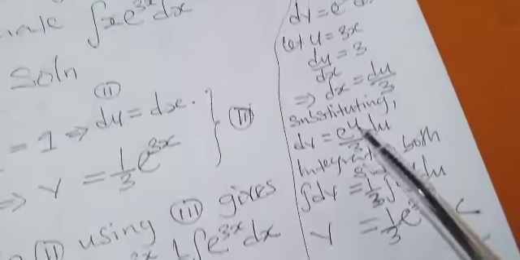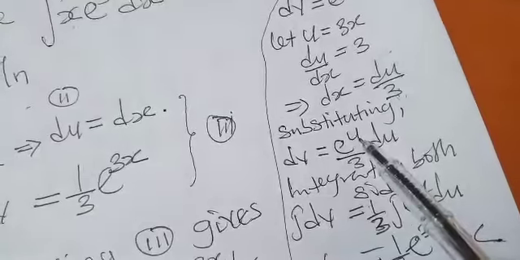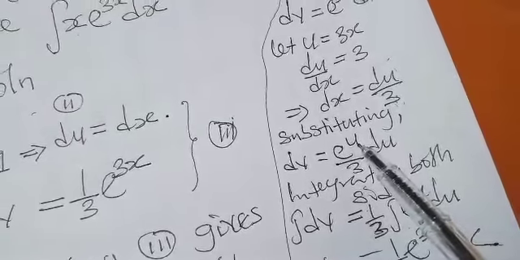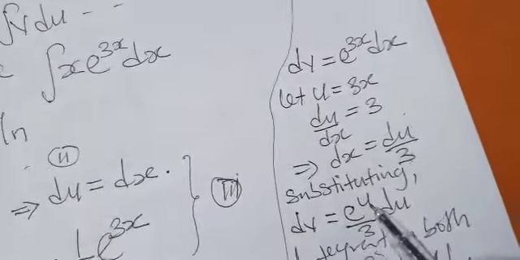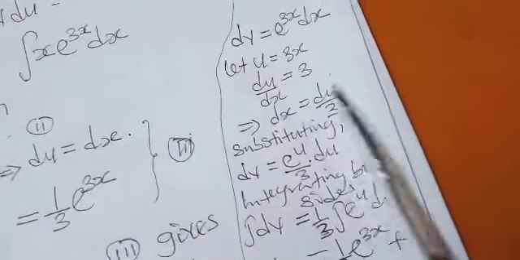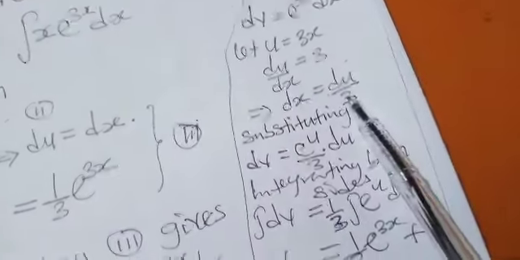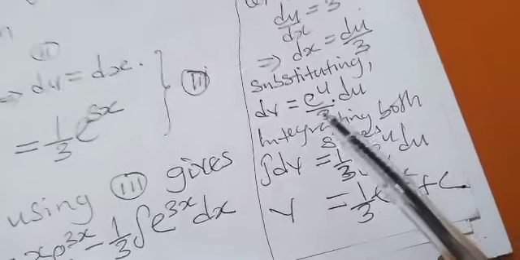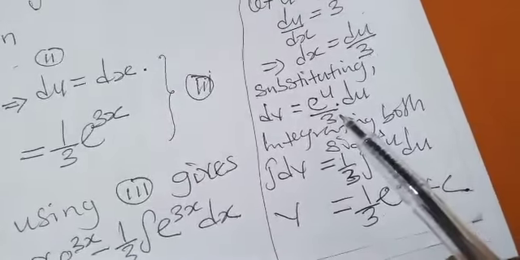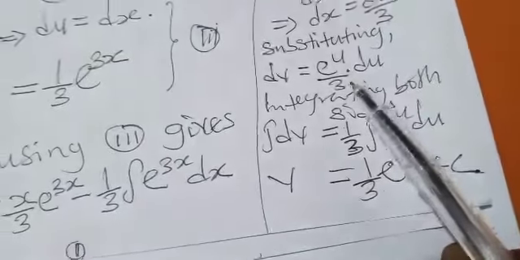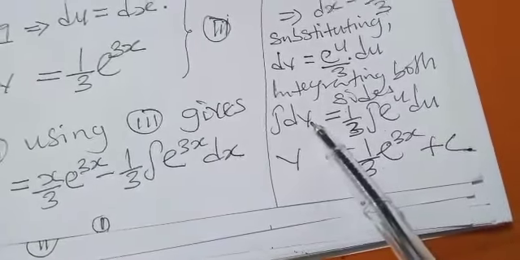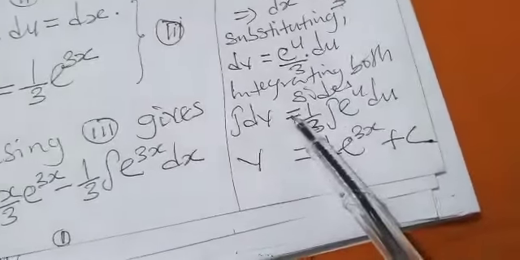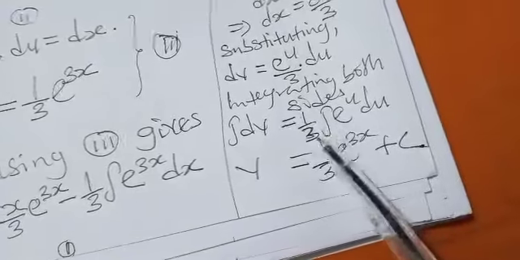So instead of exponential 3x, we will have exponential u, and in place of dx, we will have du over 3. Now integrating both sides, integral of dv equal to 1 over 3, which is a constant.